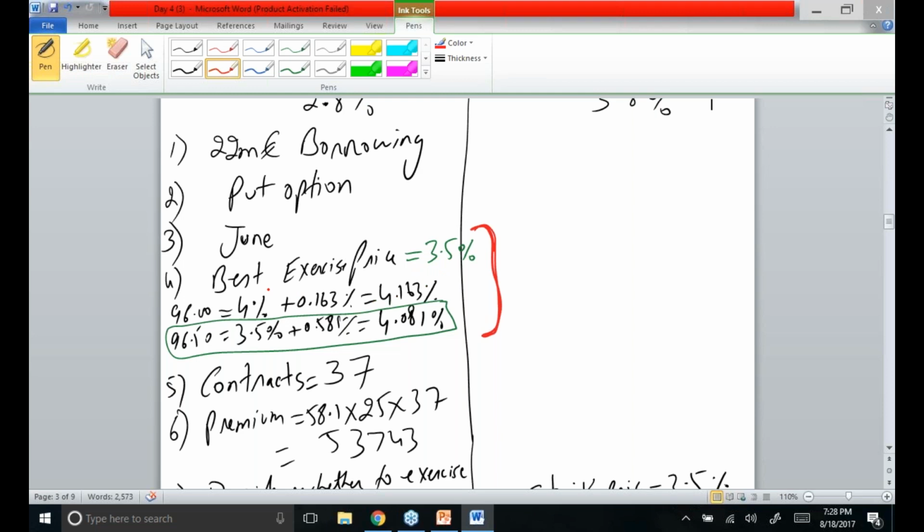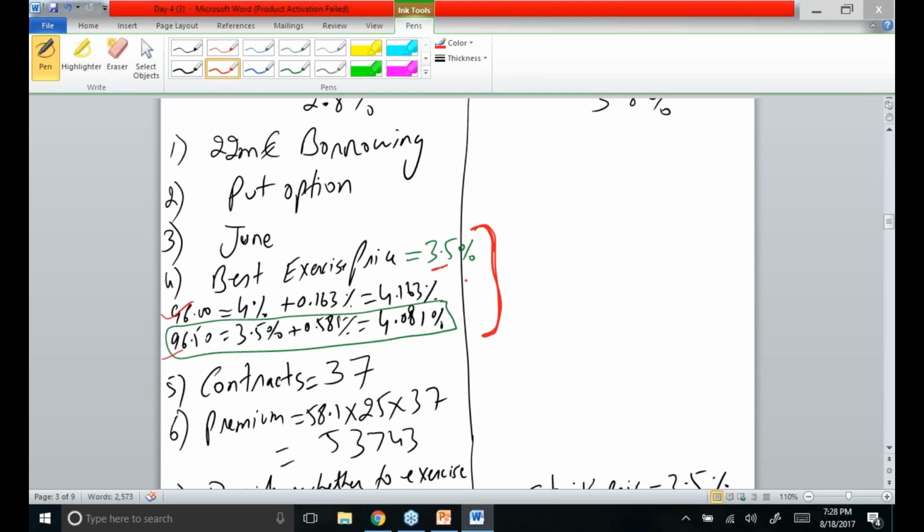Let's suppose I have shown the working that, by adjusting the premium, my final cost in this exercise price was 4.16, and in the second exercise price it was 4.08. And I will state the reason that I chose 3.5% because on premium adjusted basis it has the overall lower cost. So that's why I will choose 3.5%.